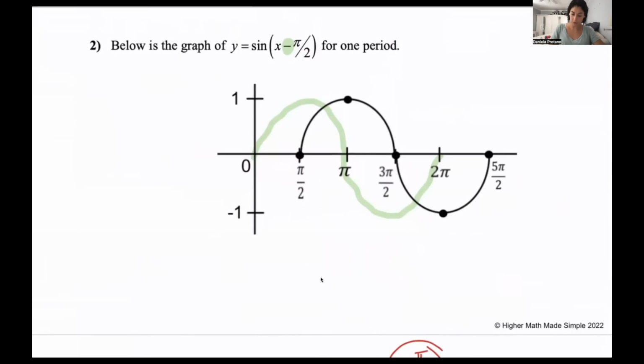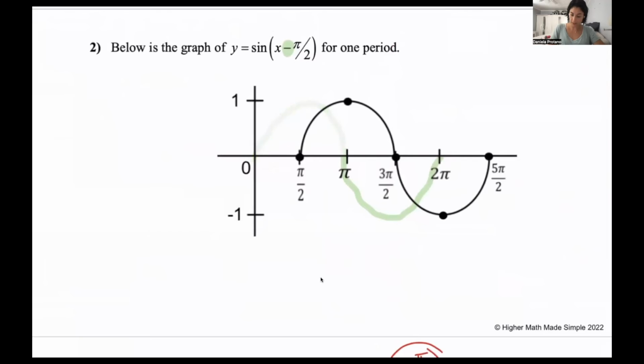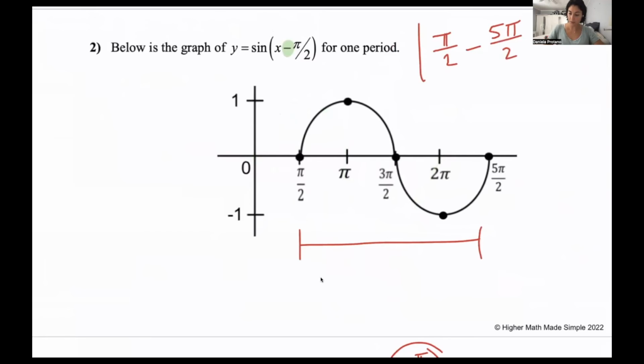So if we look on the graph, what is the distance between here and here? How long does it take for it to complete one big cycle? So again, on the number line, you can just subtract the two values and take the absolute value because distance is positive. So that's going to be negative 4 pi over 2, which is equal to negative 2 pi.